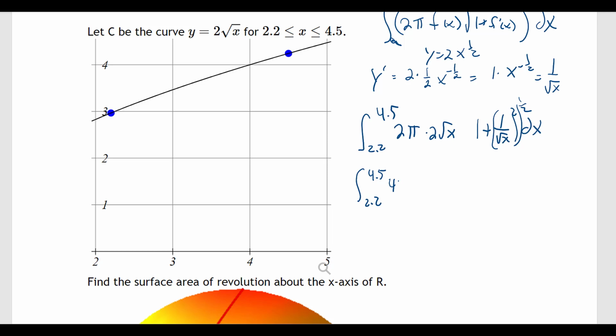Call that square root of x. So 4 pi times what? We have the square root of x, times 1 plus 1 over x, dx.